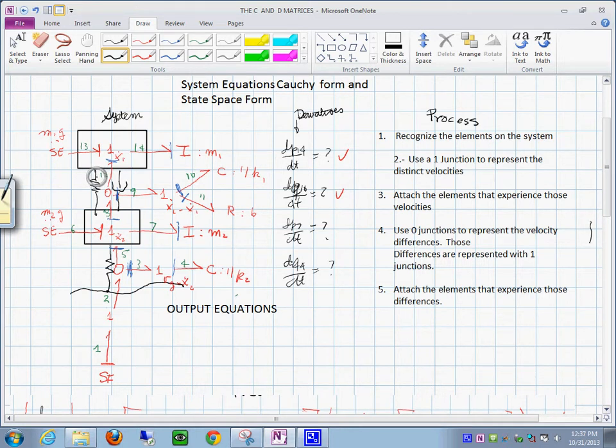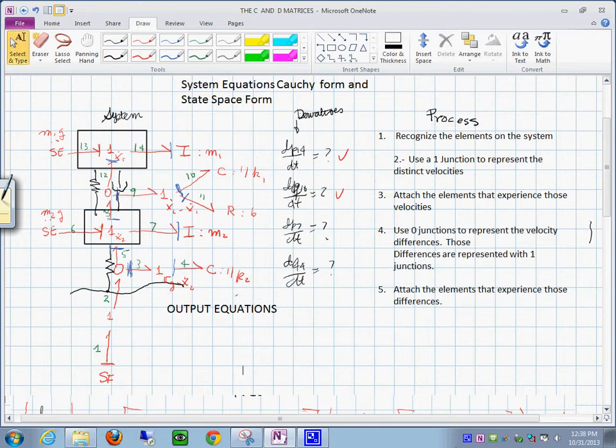Just to remind you, we laid out first the one junctions for the distinct velocities, then we attach the elements that move at those velocities, which are this and that and this and this and that. And then we created the zero junction to represent the difference in velocities. So between this and this we created that one, between this and this we created this one, and then finally we attached the elements that experience the difference in those velocities there.